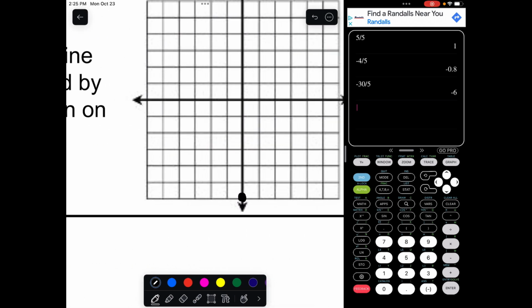So if I go up 1, 2, 3, 4, and to the left 1, 2, 3, 4, 5, I put my second point. I draw a line going through both points off the graph, and I put arrows on the end of my graph showing that this line goes on forever and ever in either direction.